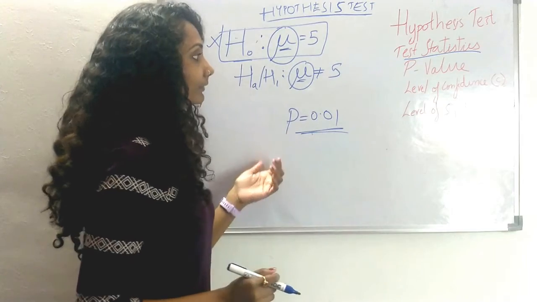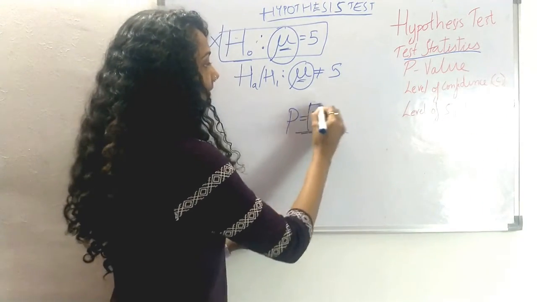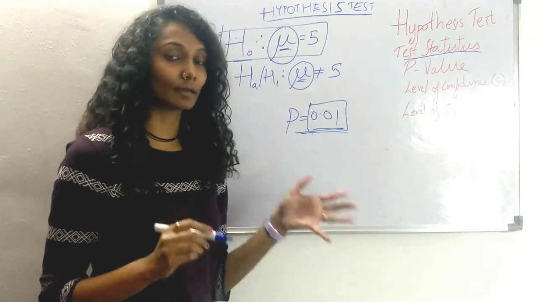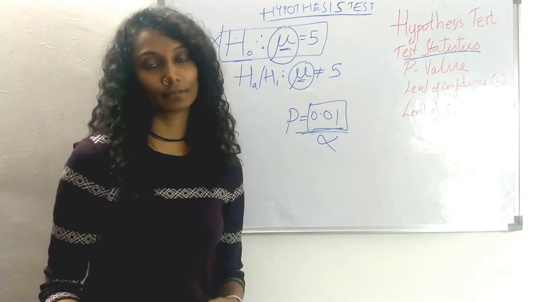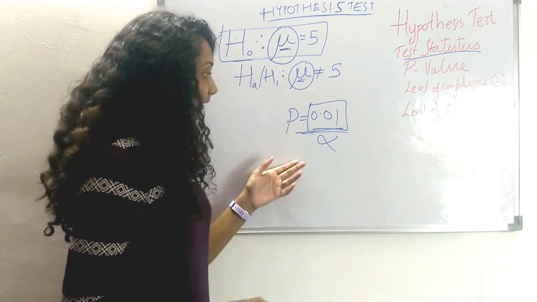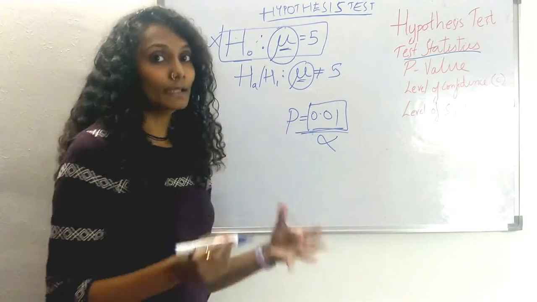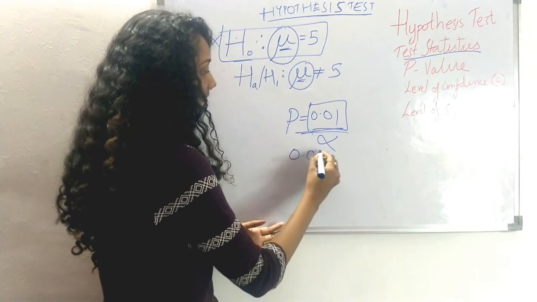To do that, we use the level of significance. So basically this value or this threshold marking the cutoff is called the level of significance. This level of significance in 90% or in most of the cases is 0.05.